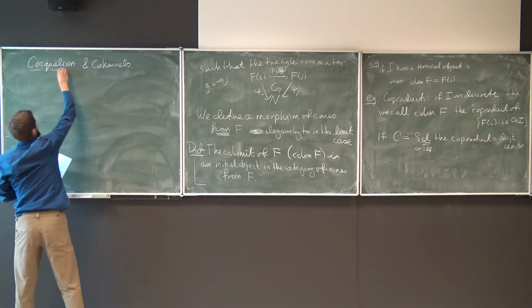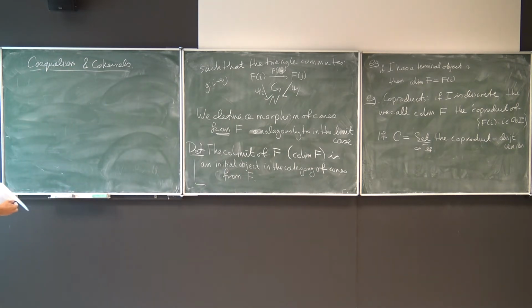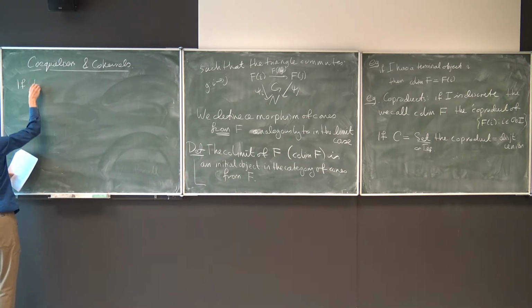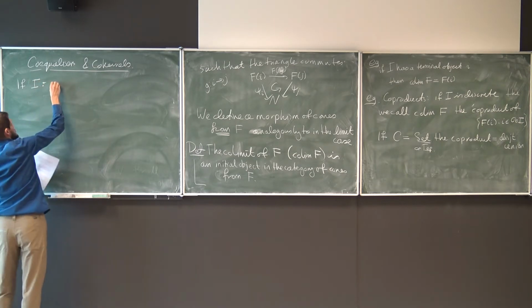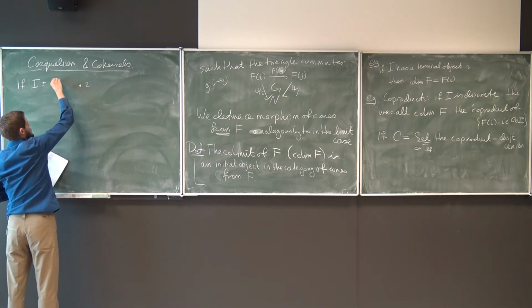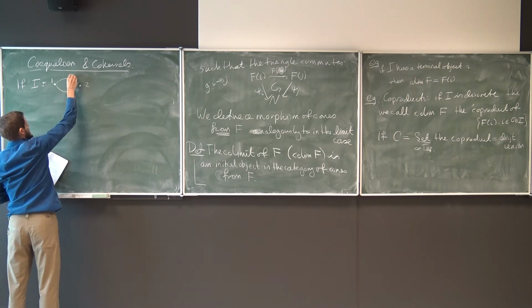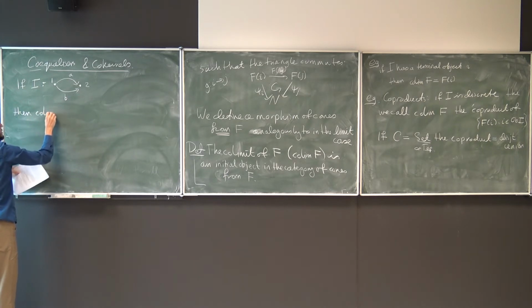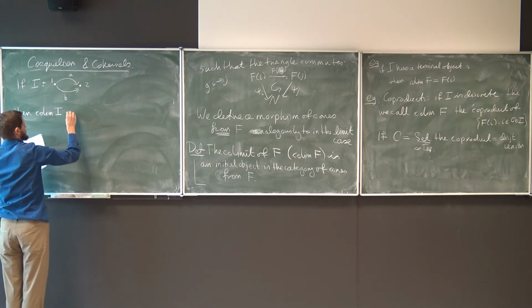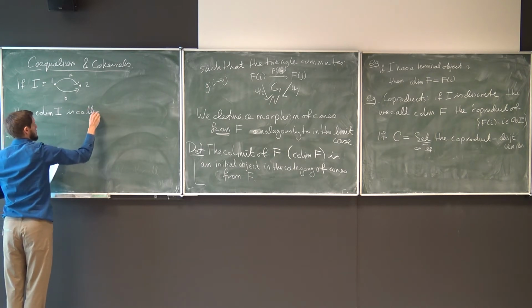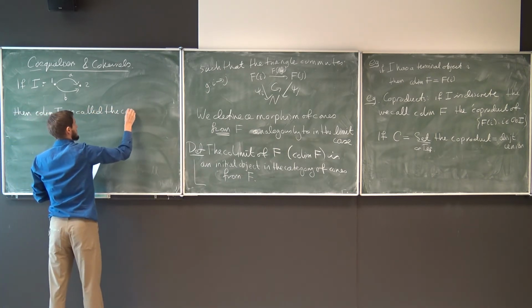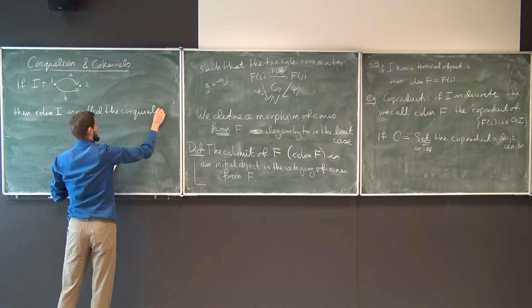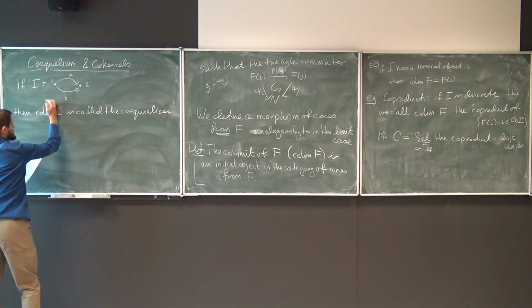So, coequalizers and cokernels. If I again has two objects, we can call them 1 and 2, and we have two morphisms between them, say called A and B, then, sorry, there must always be a diagram.